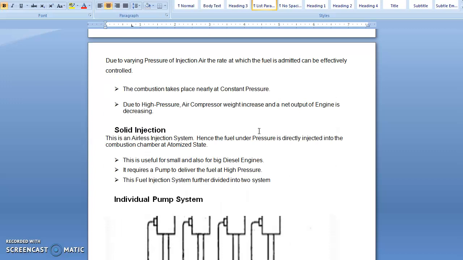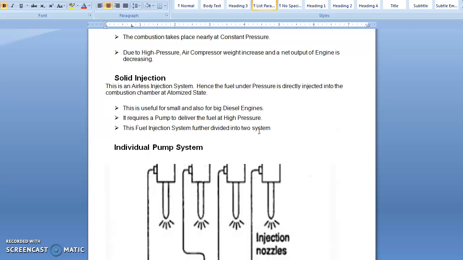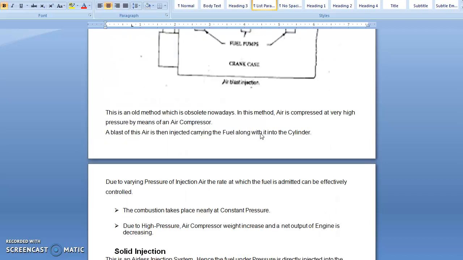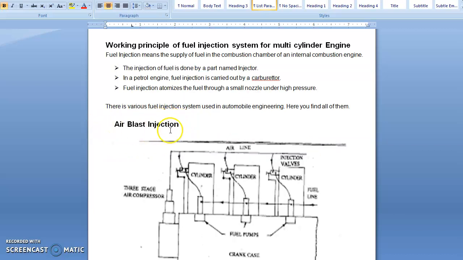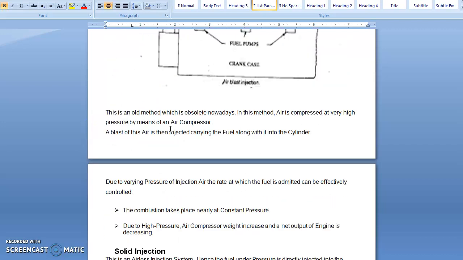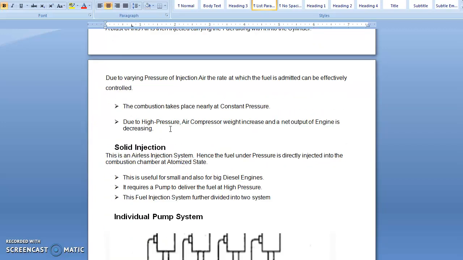The individual pump system is a very compact method of fuel injection system. Here we have learned about the working principle of fuel injection system for multi-cylinder engines. It has two types: air blast injection and solid injection.